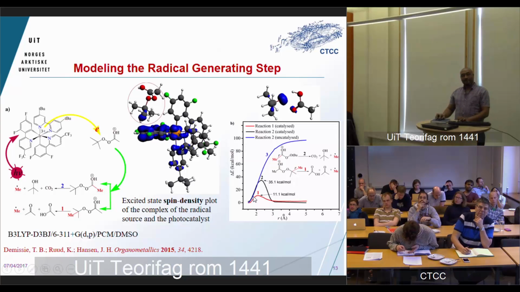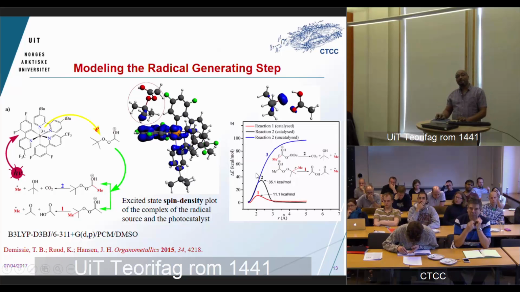So if we don't have the catalyst, or if the radical source is not getting an extra electron from the photocatalyst, then we cannot break the CC bond. So we forget about this chemical reaction, and we consider only these two options.